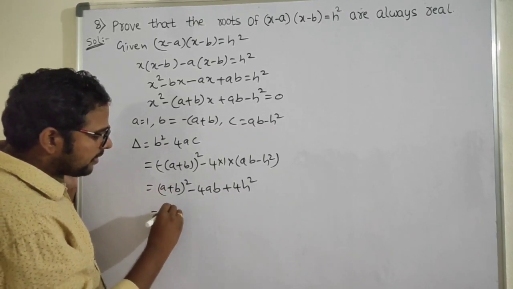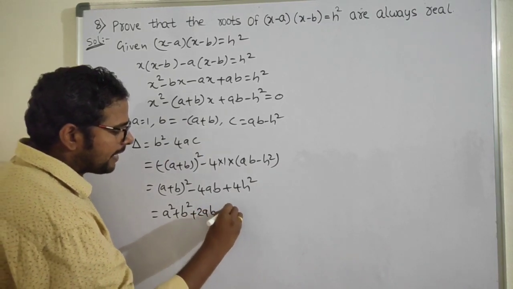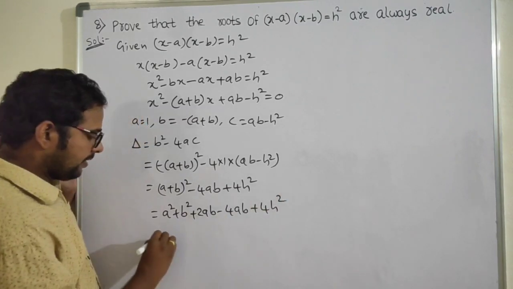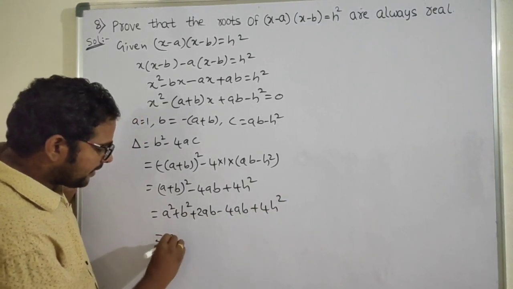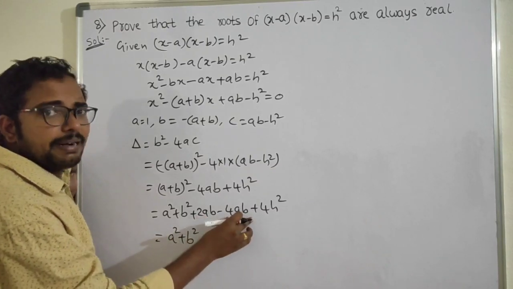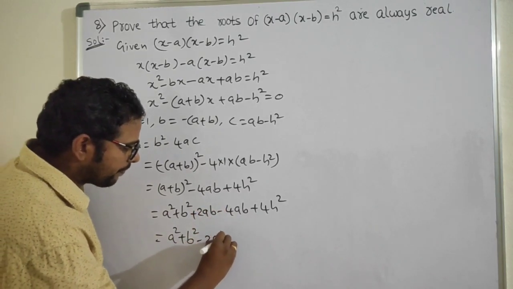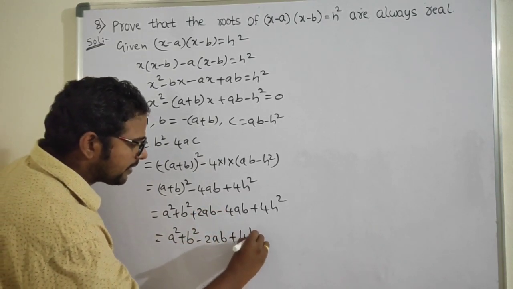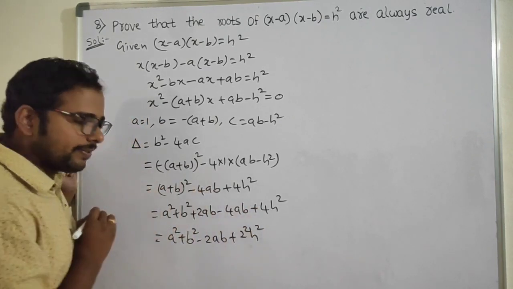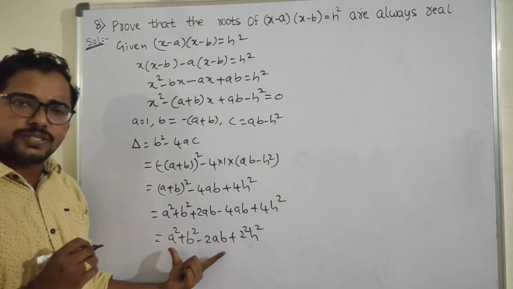a square plus b square plus 2ab minus 4ab plus 4h square equals, so write a square plus b square as it is, 2ab minus 4ab is minus 2ab, plus 4h square. We can write 4 as 2 square, and it is in the form of a square plus b square minus 2ab, the (a minus b) whole square formula.